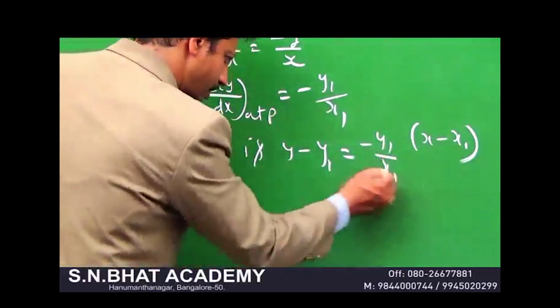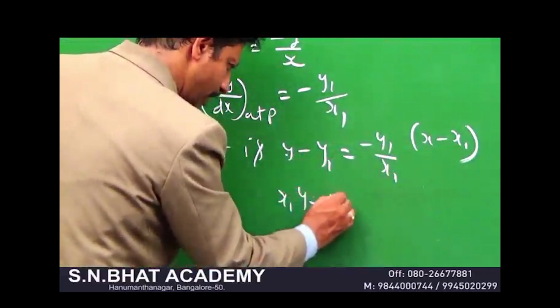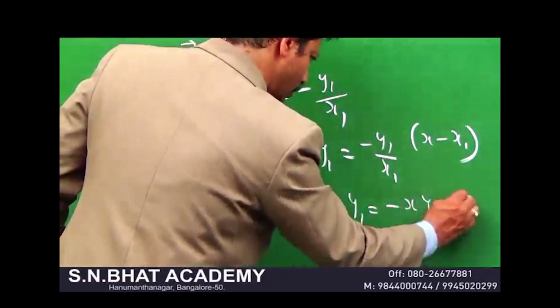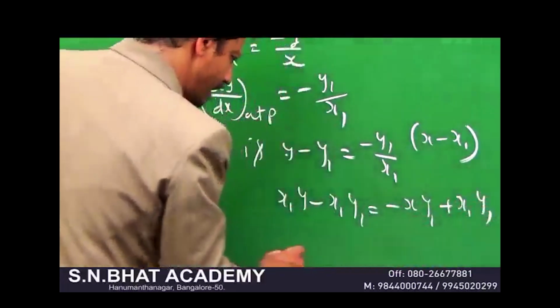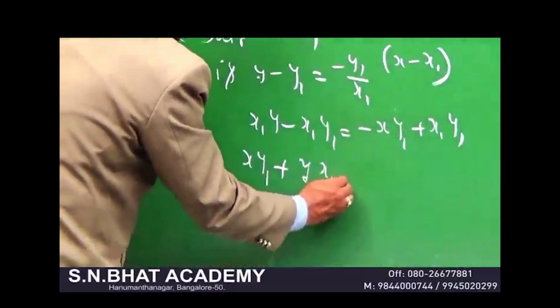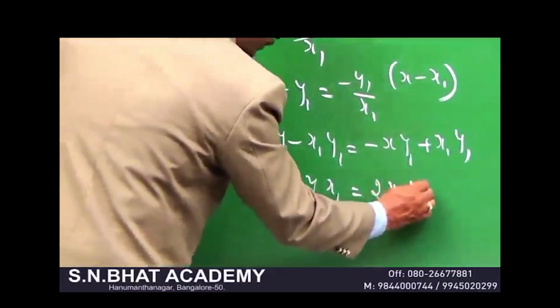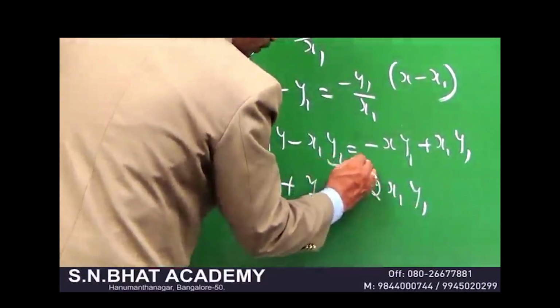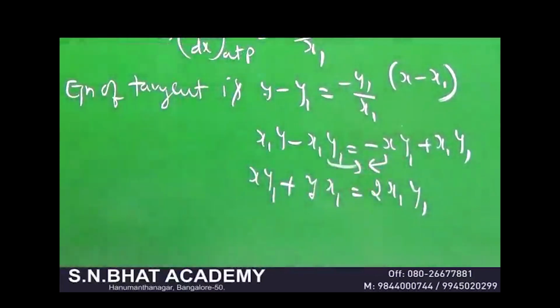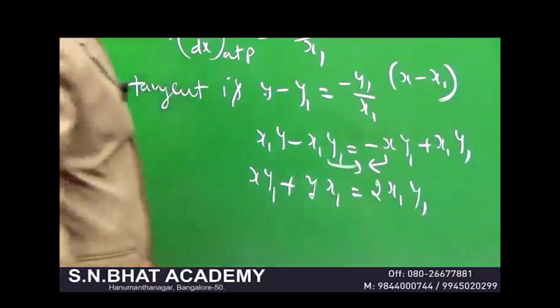By cross multiplying we get x1 y minus x1 y1 is equal to minus x y1 plus x1 y1. Shifting terms, we get x y1 plus y x1 is equal to 2 x1 y1.